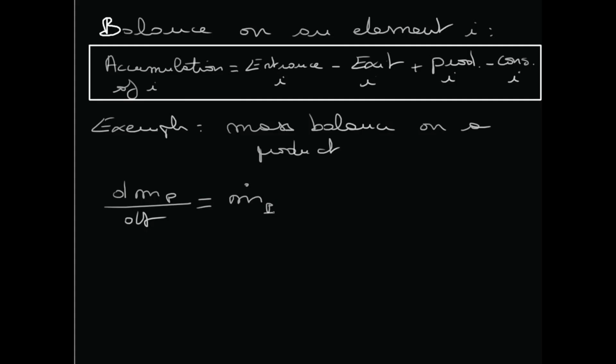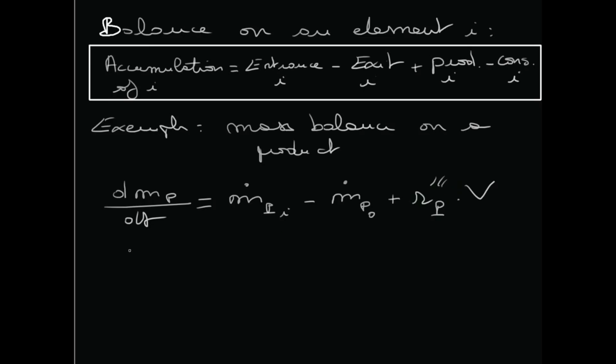It's the mass flow of P at the entrance minus the mass flow of P at the output. As it is a product, we will say plus R triple prime P times V.